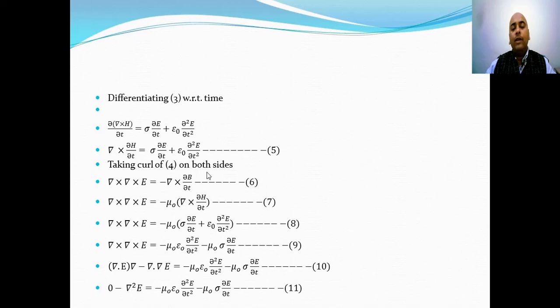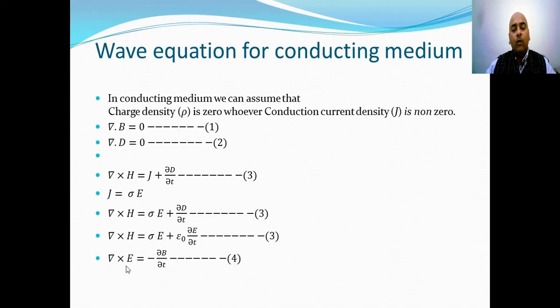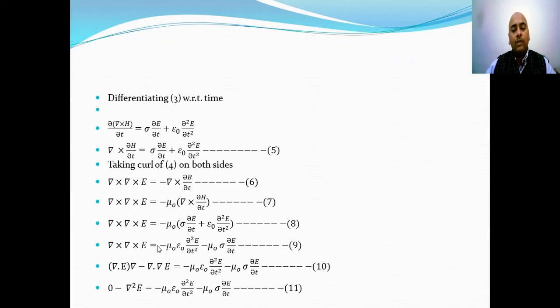Taking curl of equation 4 on both sides, we obtain that curl of curl of E is equal to minus curl of ∂B/∂t.